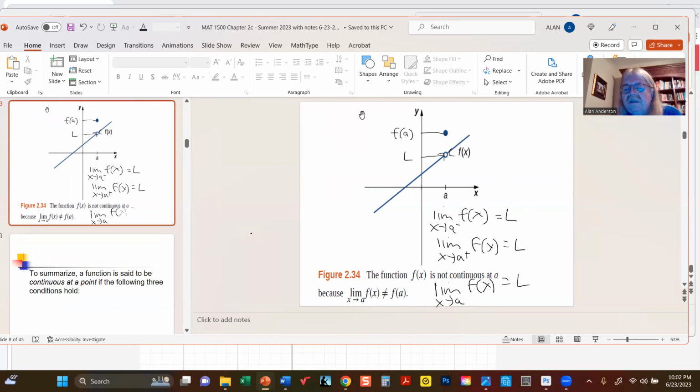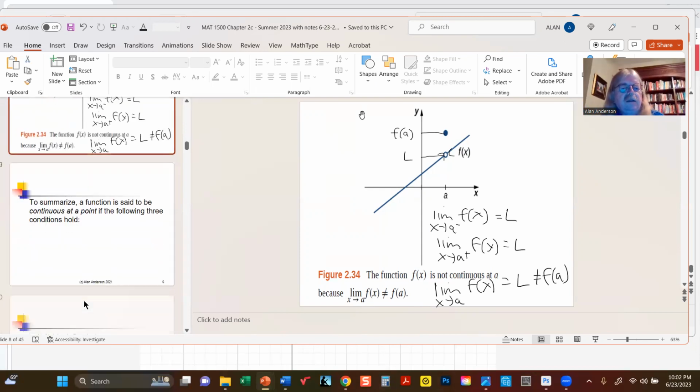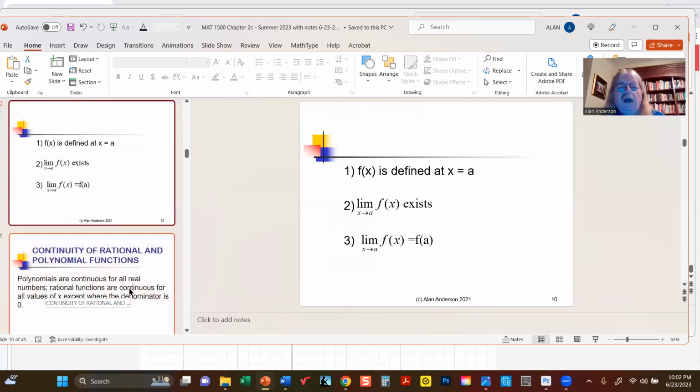But guess what? It's not equal to f of a. And that also is enough to indicate that the function is not continuous. All right, so in other words, you can see we've seen two ways in which the function can be discontinuous. So this list is telling us that in order for a function to be continuous, three things have to be true.